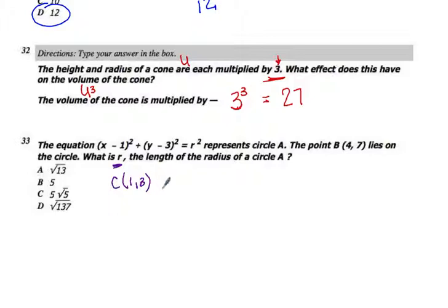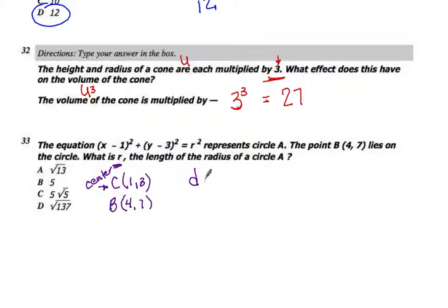So to get our radius, since we have the center and point, we have to do the what? The distance formula. So using C, this is center. And then this is just going to be our point. Call it B. 4, 7.